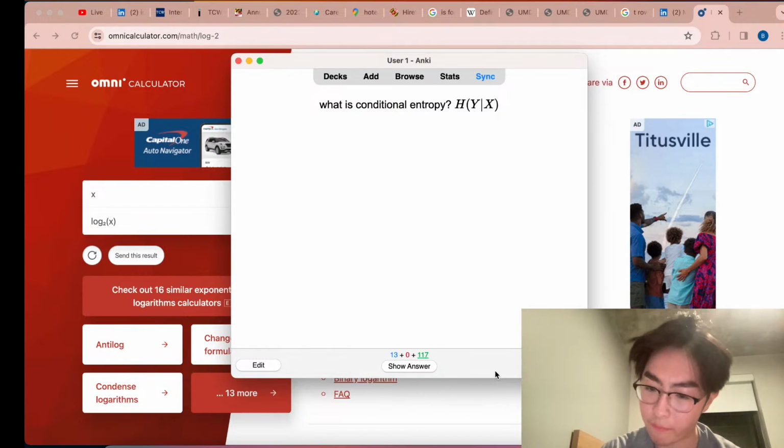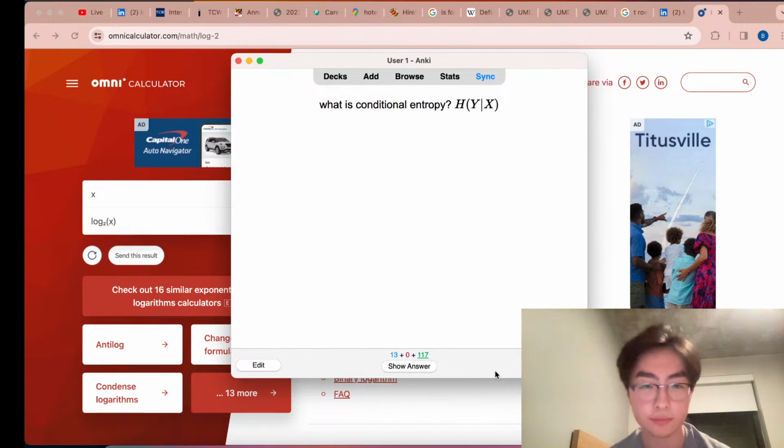So, when we think about this, H of y given x, the entropy of some random variable y given some random variable x, given x is equal to some event.